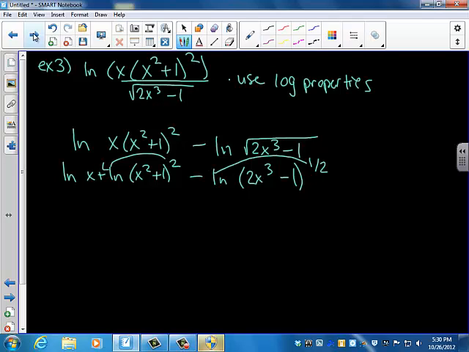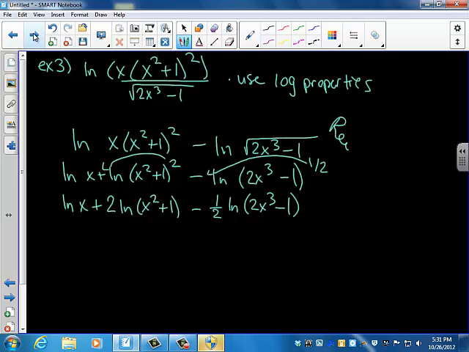That's the next thing we're going to do before we start taking derivatives. So ln of x plus 2 times the ln of x squared plus 1 minus 1/2 times the ln of 2x cubed minus 1. Whew, now I can take the derivative. All this was not even the derivative, this was just rewriting.